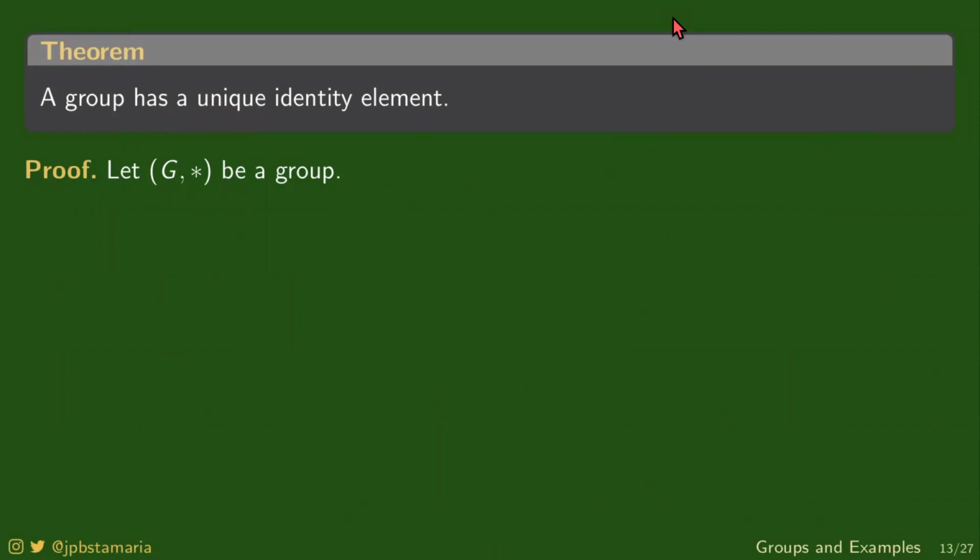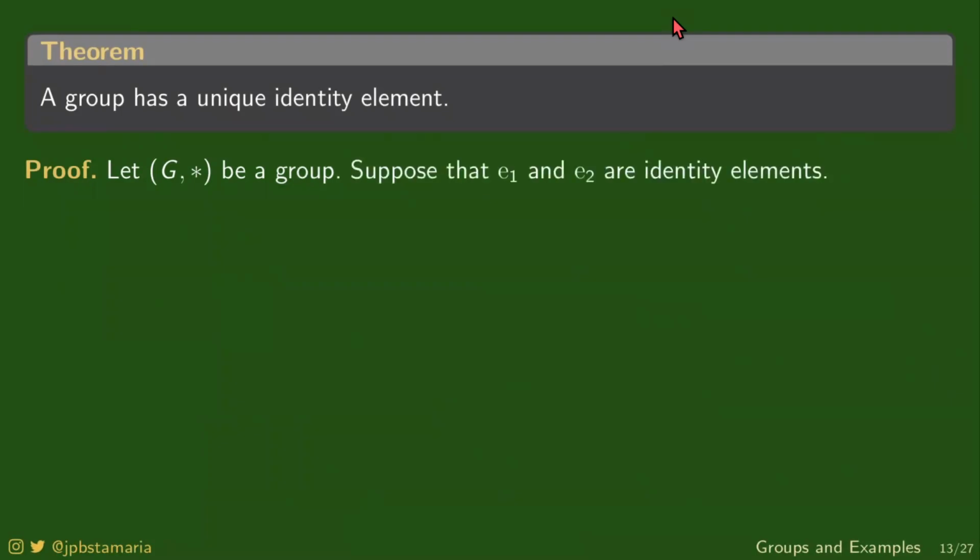I think I mentioned something like this before. What is the standard method to prove that something is unique? Yan. Very good. Mga nag-PM, sabi nila, assume that there are two identity elements. Show that they are actually equal. Very good. That's actually what we're going to do here.